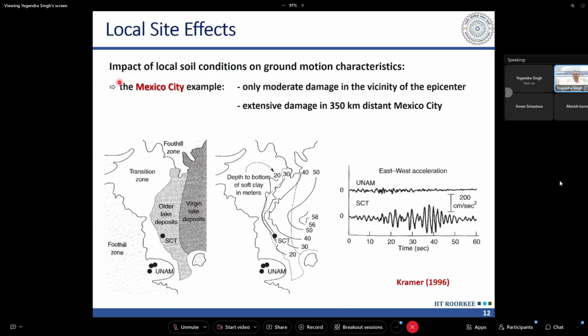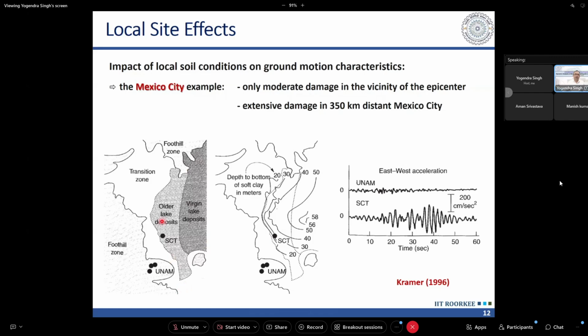Then I talked about the Mexico City earthquake. It is a very interesting study. In 1985, an earthquake came, and then again recently, around 2010 or after 2010, another earthquake has come. Both have very similar characteristics. I have taken this from the 1985 earthquake. So Mexico City is located on the dried bed of Mexico Lake.